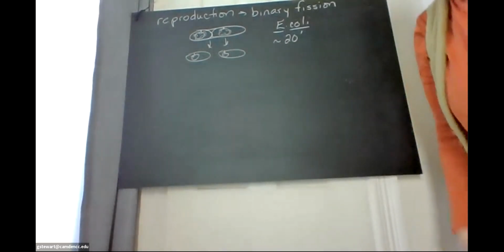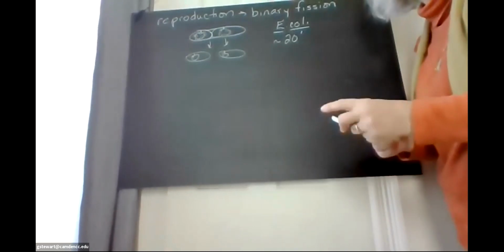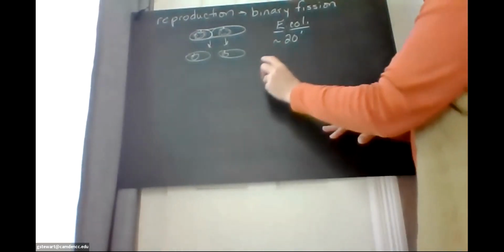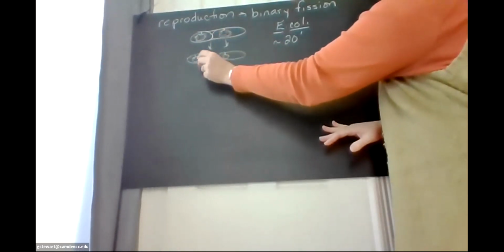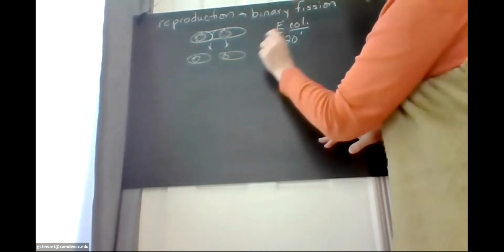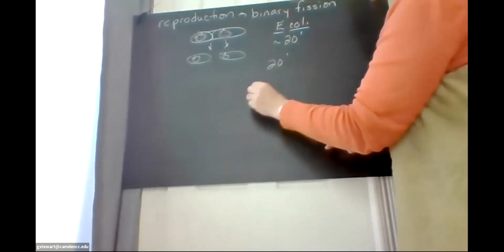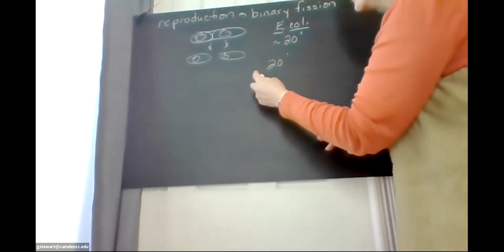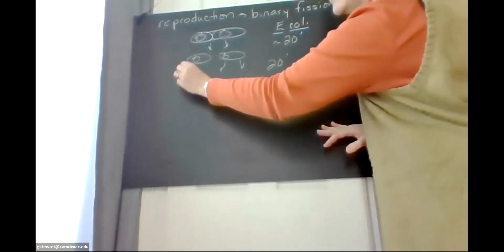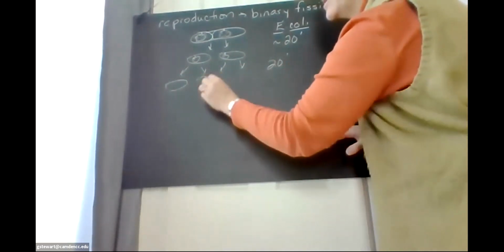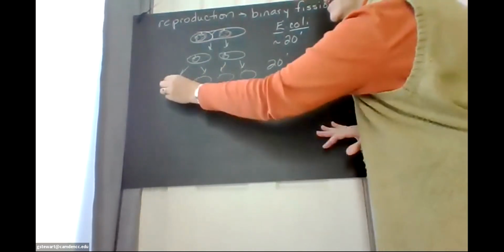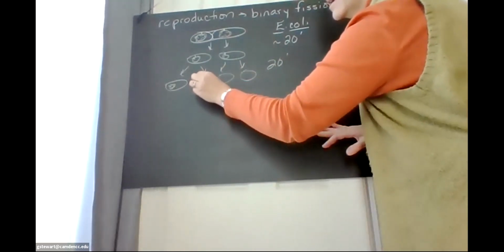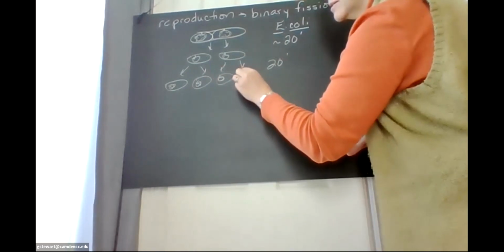So every 20 minutes, they're duplicating, and I need you to remember that one cell becomes two cells, and then 20 minutes later, so at a total of 40 minutes, each of these cells is going to become two cells. So then I will have 4 cells, right?